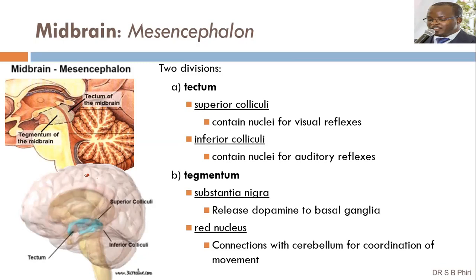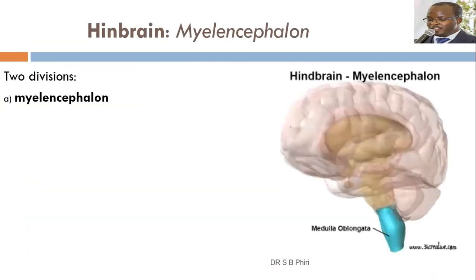And then we also have the red nucleus found within the tegmentum. The red nucleus has connections with the cerebellum for the coordination of movement. Then you also have certain tracts called extrapyramidal tracts that start from the red nucleus, which we'll be discussing later on as well.